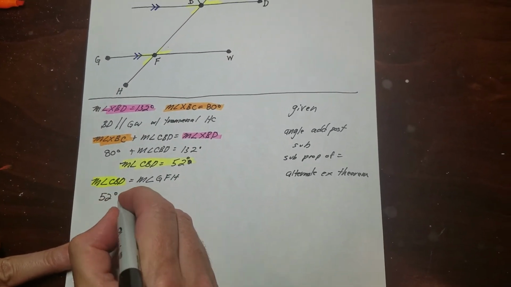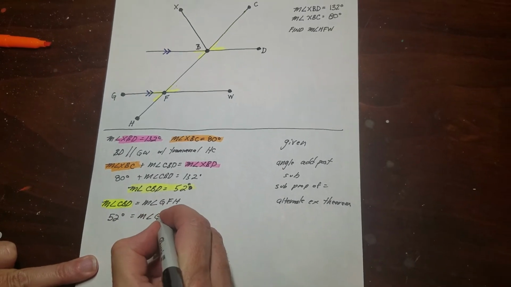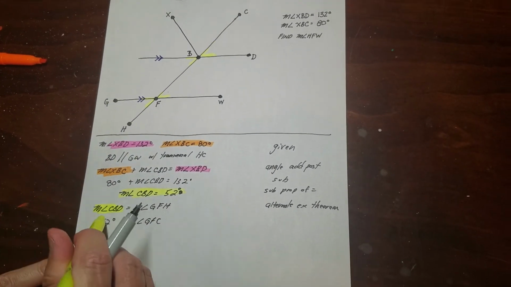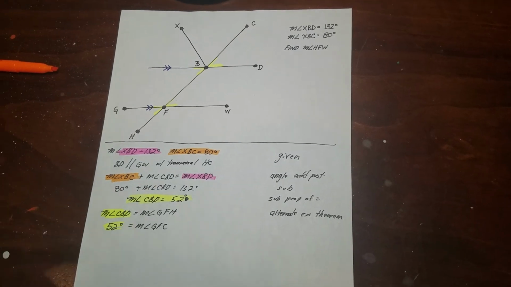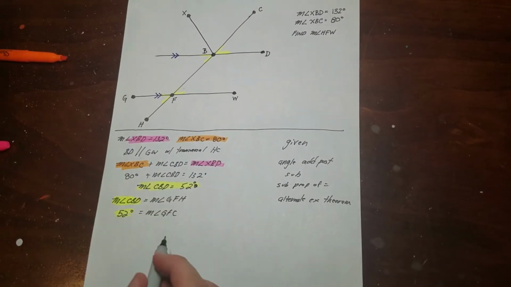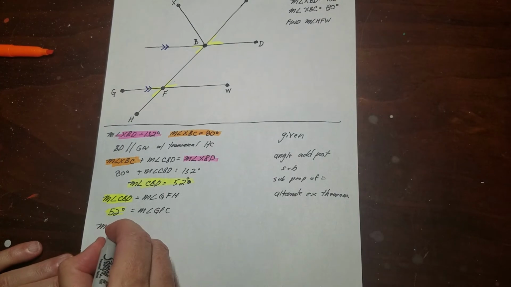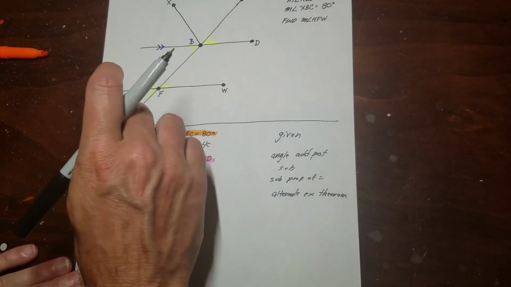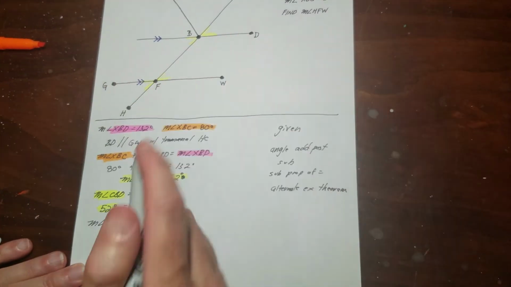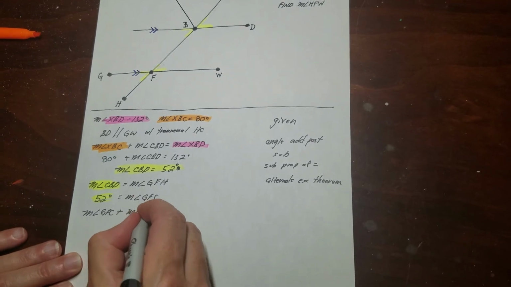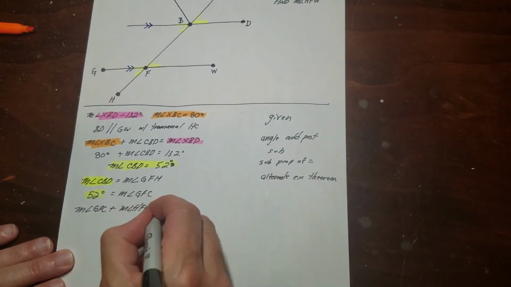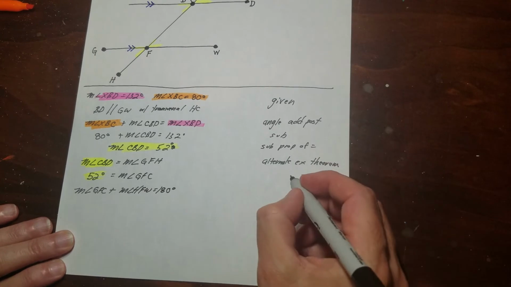I know this one here is also equal to 52. So now that I know that's 52, I know that that angle plus its supplement over here, HFW, is equal to 180 degrees.